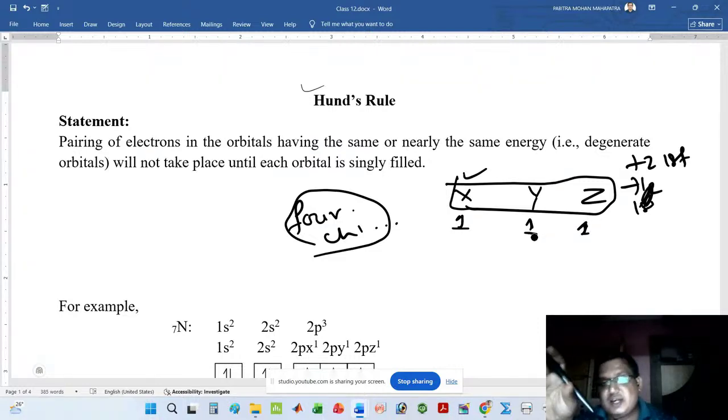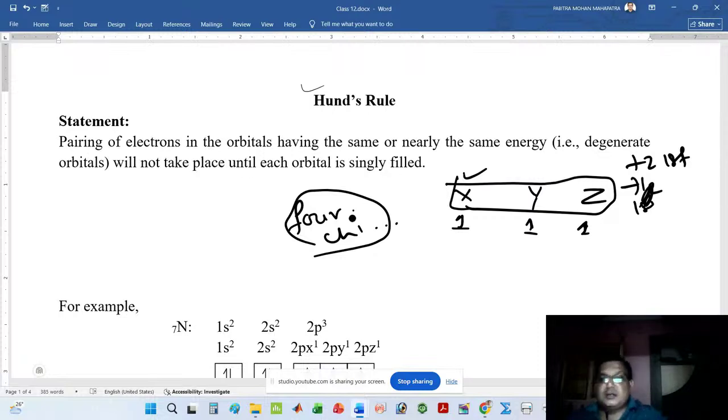I have four chocolates. I have three students belonging to one particular class, your plus two first year. Every student has the same right upon me, so every student has a right to get an equal chocolate. But I have four chocolates. Then what will I do?